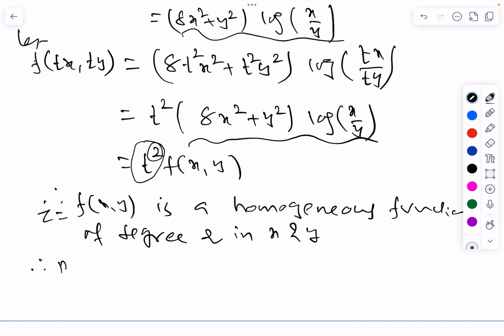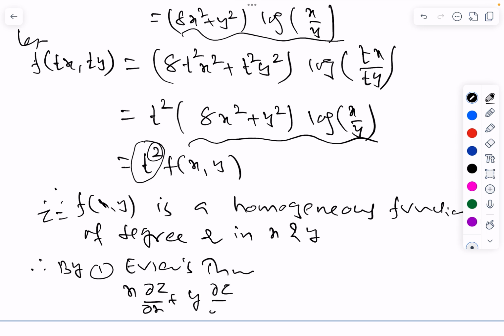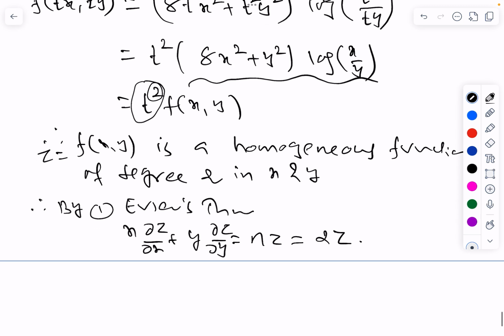So therefore, by Euler's theorem, x times ∂z/∂x plus y times ∂z/∂y equal to n times z. n is 2 here, so it is 2z.